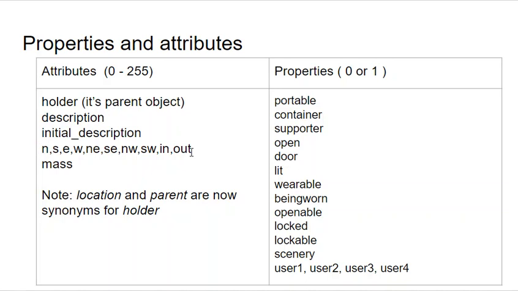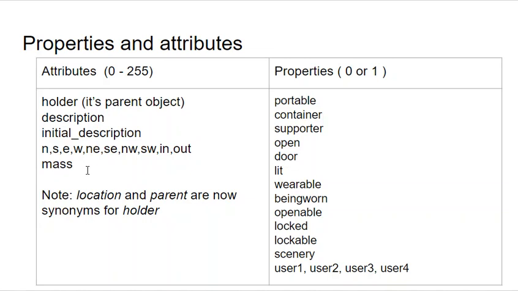It has the locations of what object you'd go to if you went in a particular direction. So imagine you're in a room. That room's north attribute stores the number of the room that you go to if you went north from the current room. And then we've got in and out. Those are directions as well. Objects have a mass attribute, and that's how much they weigh.